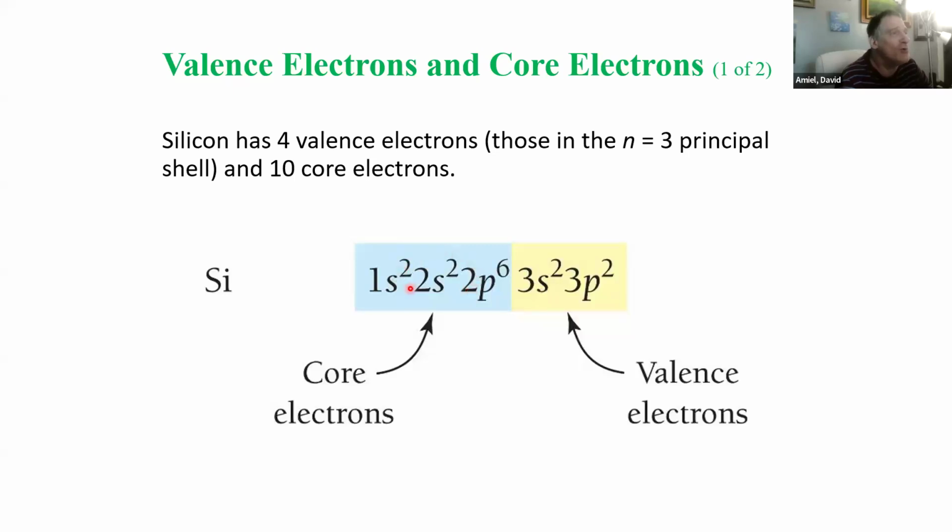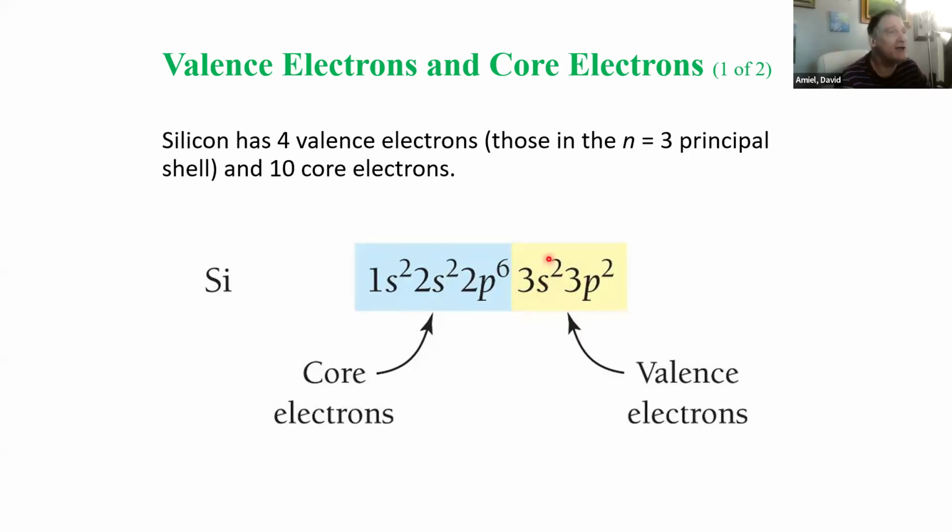Everything with a 2 and a 1 is a core electron. So to distinguish between core and valence electrons, you just have to look at the principal quantum number n. The last value for n is the valence shell and contains the valence electrons.